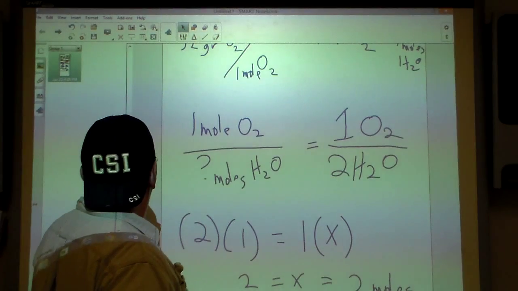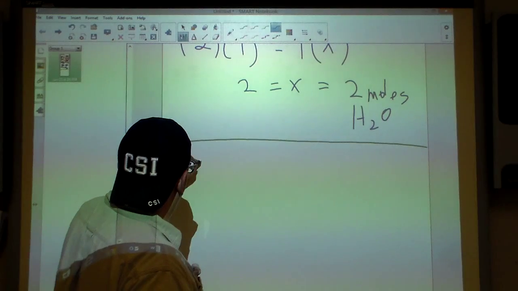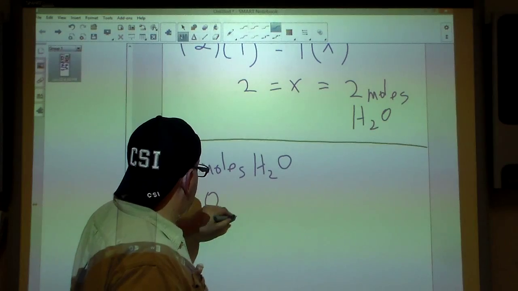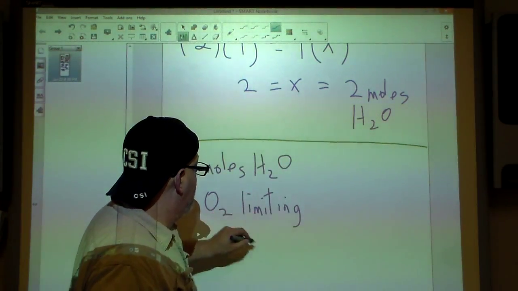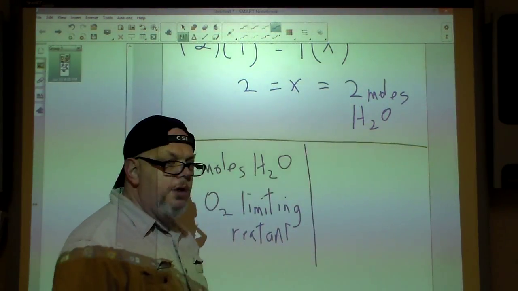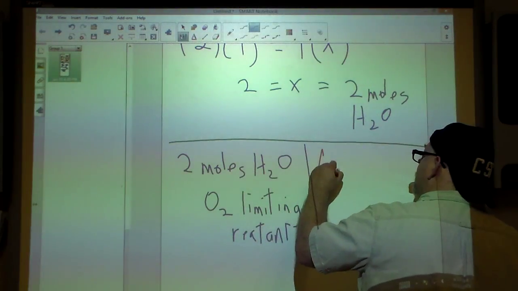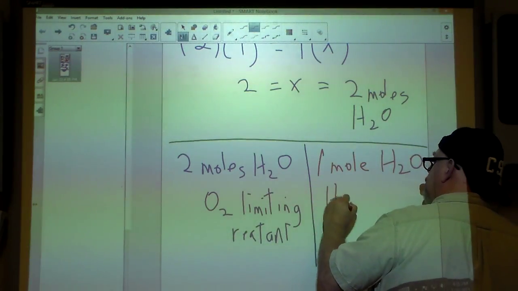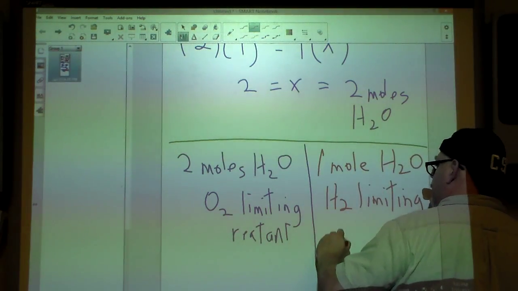How do I know what's the limiting reactant? Well, I have 2 moles of water, assuming O2 is the limiting reactant. That's one possibility. The other possibility is we have 1 mole of water, and that's with H2 as our limiting reactant.